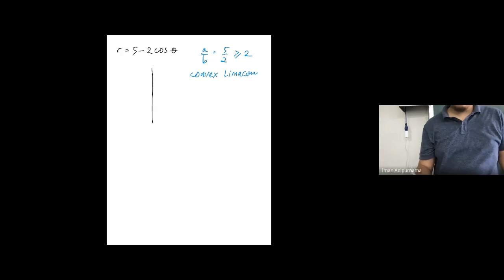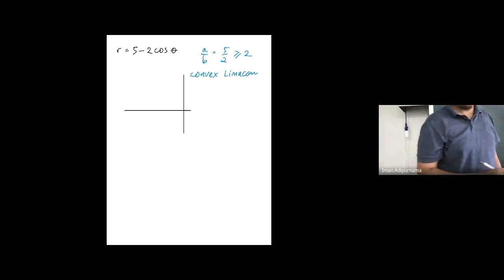So at least you need to have A over B greater or equal to 2 to have the convex limaçon structure. It should be going to the left side because it's negative cosine, and it should be having 7.